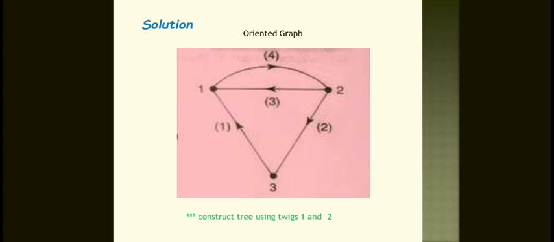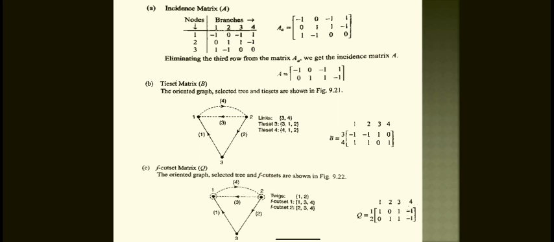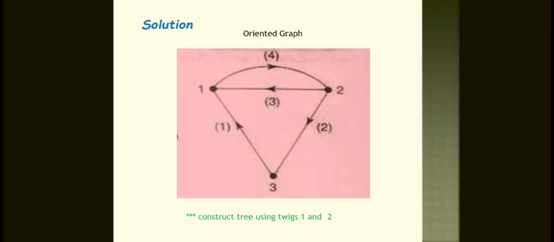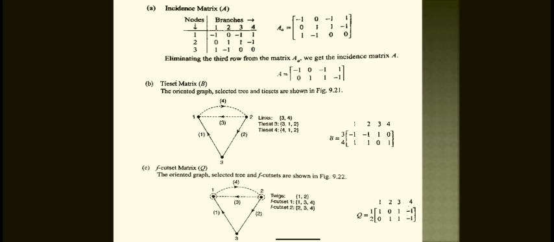So therefore branch 4 is a minus 1, and branches 2 and 3 are a plus 1. So therefore 0, 1, 1, minus 1, right? Similarly, you go for node 3. For node 3, the incoming signal is 2 and the outgoing is 1. So therefore 1, minus 1, 0. So this is about the incident matrix of a given graph, right?